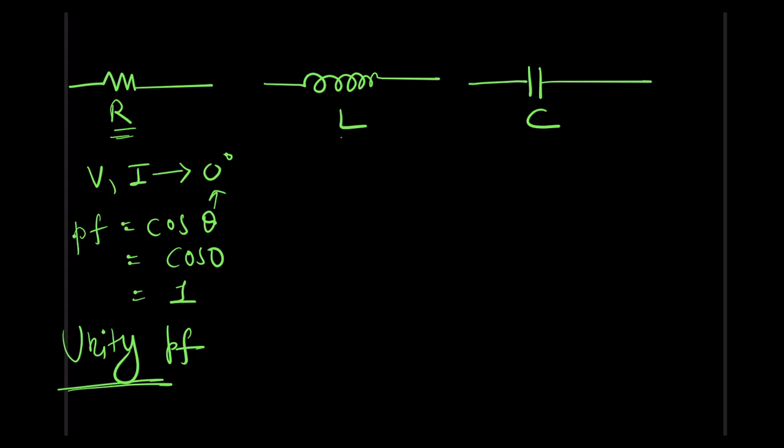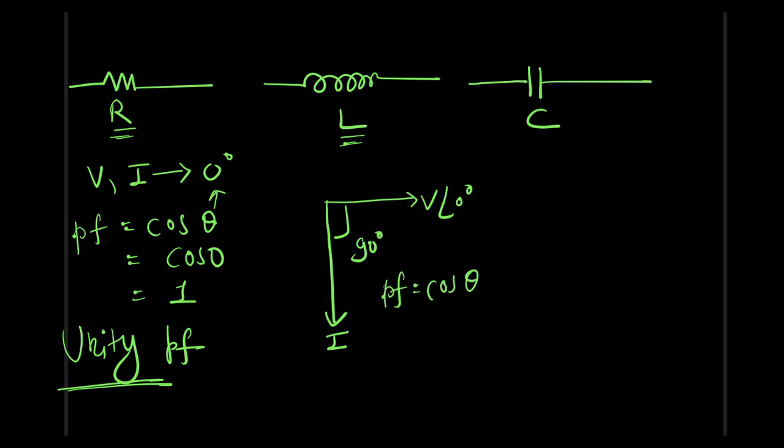So in case of purely resistive circuit, there will be unity power factor. In case of purely inductive circuit, if this is voltage, then the current will lag exactly 90 degree behind this voltage. So the power factor will be cos of theta, where theta is equal to angle of current minus angle of voltage.